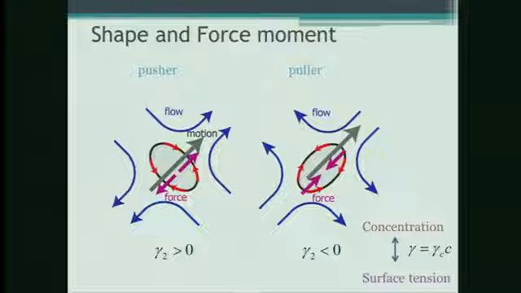And since surface tension is higher here and lower here and here, therefore it deforms like this, because the curvature should be smaller for higher surface tension.